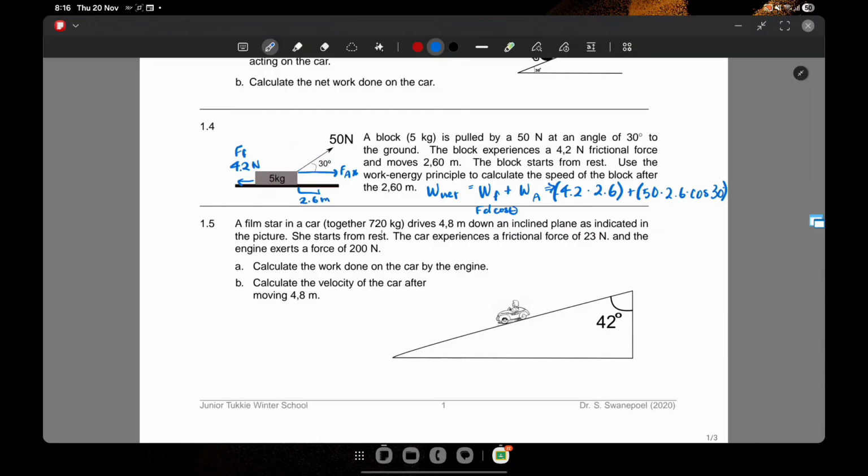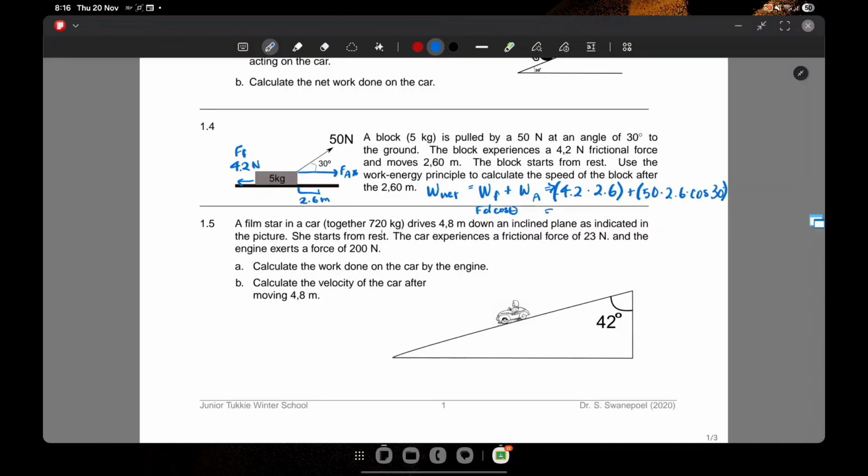We're only looking at how the horizontal component is affecting the block, because the vertical component isn't moving the box at all. It's not doing any work on the box. It's the horizontal component that's adding work to it. So we're going to use cos theta, as cos is adjacent over hypotenuse, and the hypotenuse is the 50, which is why it's going over here.